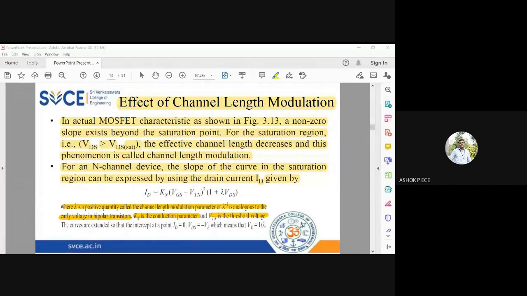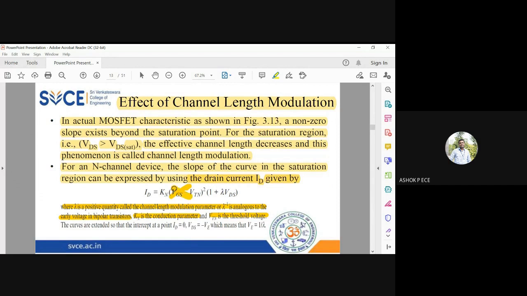The same way here, the product of three terms, either Kn can be zero, but Kn is a conduction parameter. So Kn cannot be zero because conduction is going to happen always. And second case, VGS minus VTN equal to 0 or VGS equal to VTN. I will not operate my device exactly at threshold. I'll be operating the device above the threshold. So this is also ruled out.